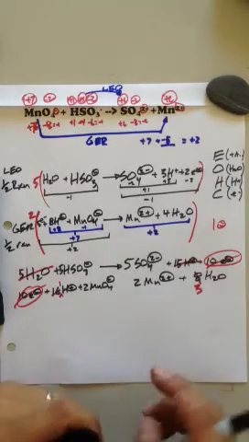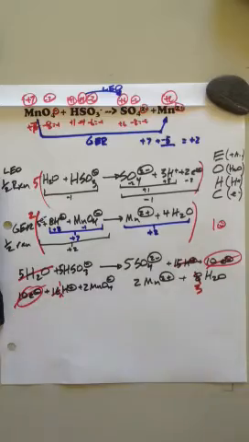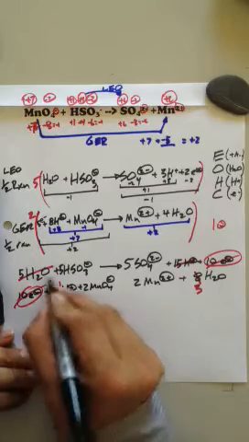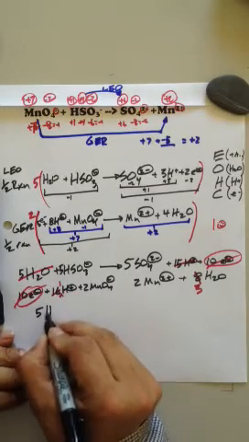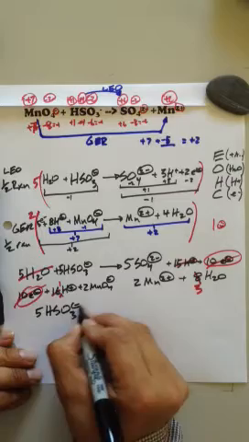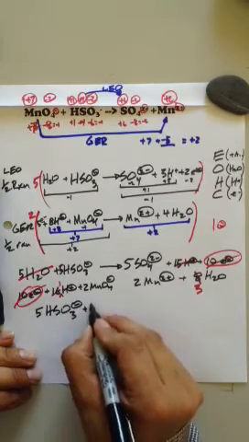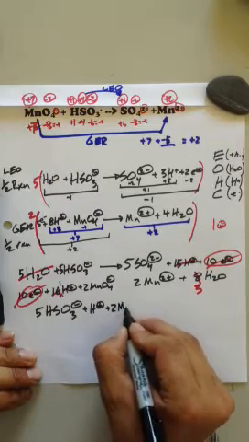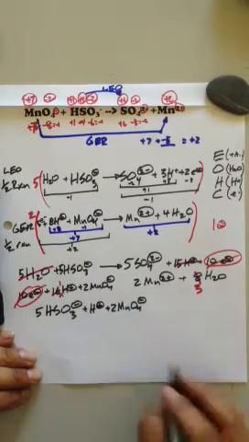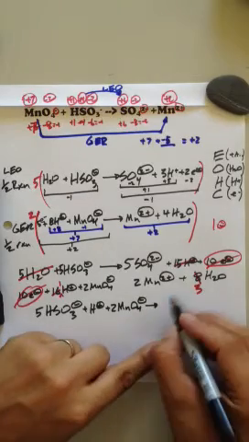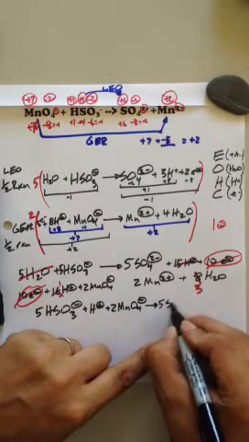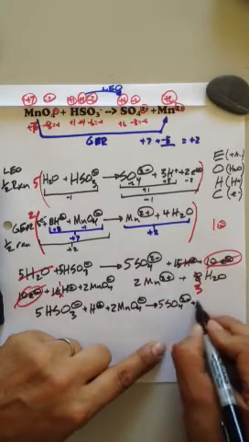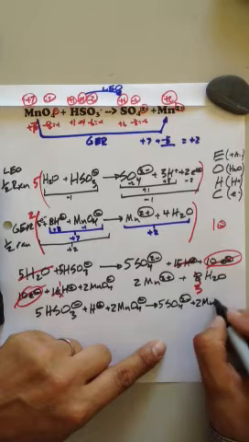All right, let's combine everything and see what happens. This is like after the battle and the fray. Let's see what happens when the dust clears. So 5 HSO3 minus plus 1 H plus plus 2 MnO4 minus goes to 5 SO4 2 minus plus 2 manganese.